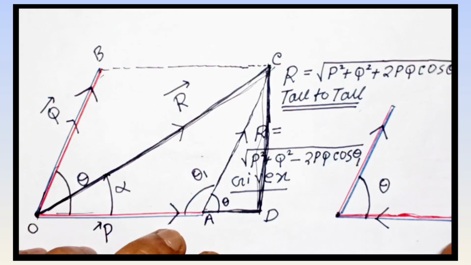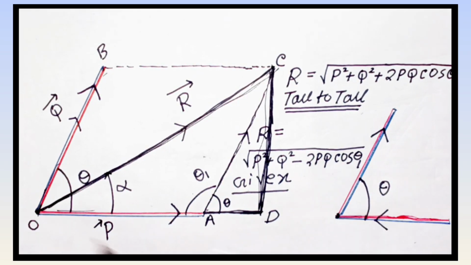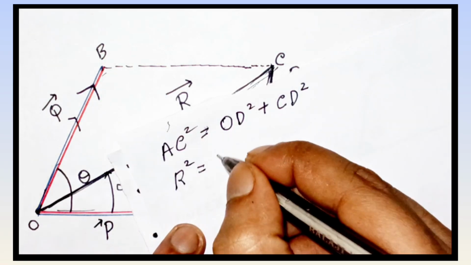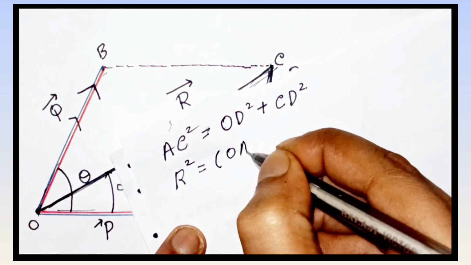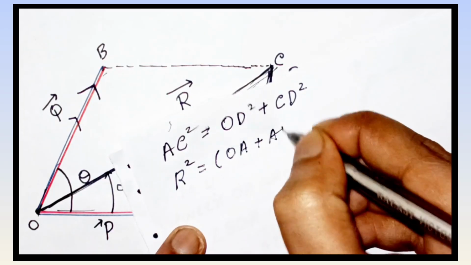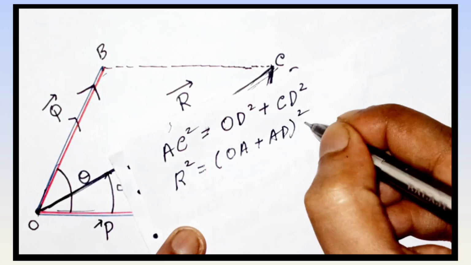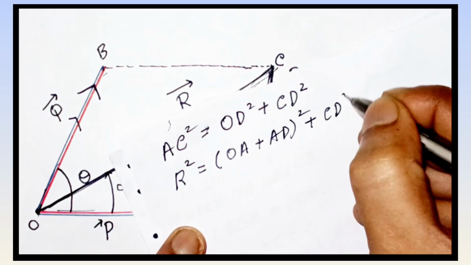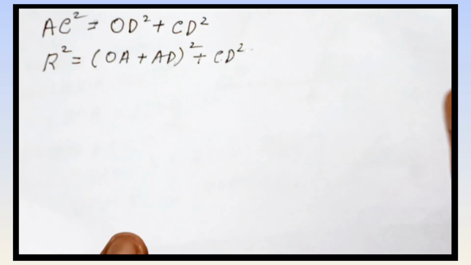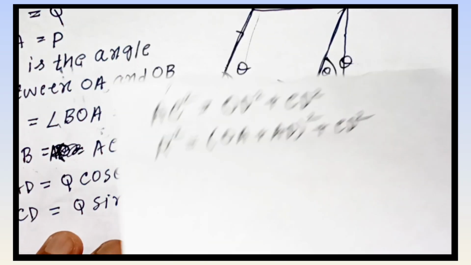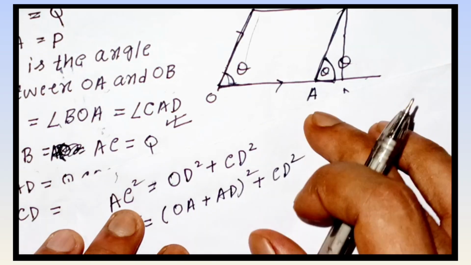Now look, very interesting. OD equals what? We can write OA plus AD. OD means OA plus AD, and whole square, and CD squared as well. Now we know all the values of the lengths OA, AD, CD.